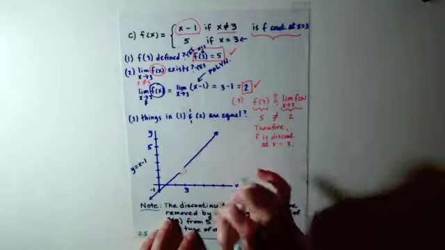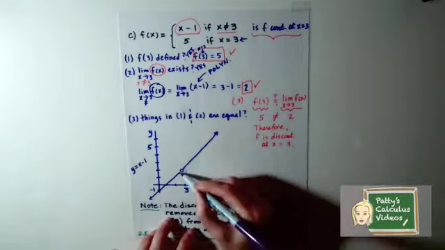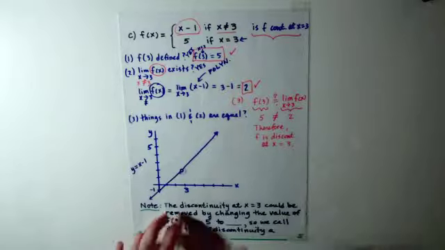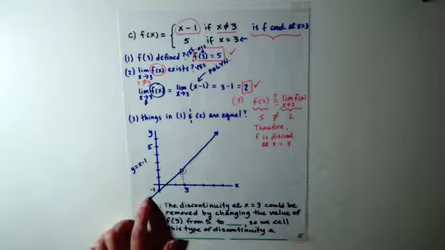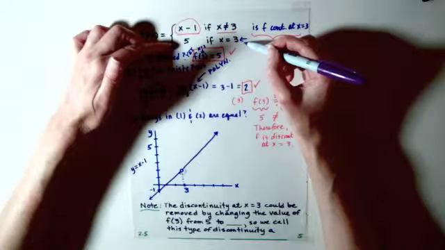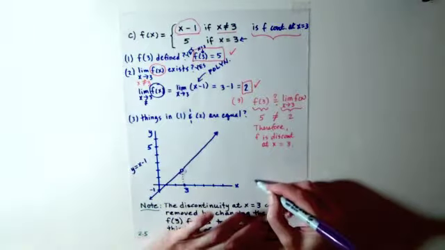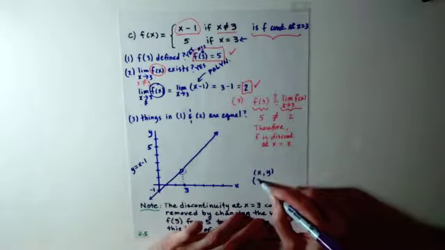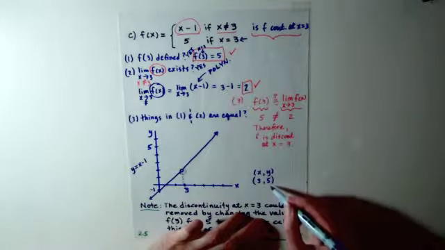This indicates the fact that we use that top rule for all x values to the right of 3 and all x values to the left of 3, but not at x equal 3. So it would be this line with a hole in the graph corresponding to the x value x equal 3. Well, what happens when x is equal to 3? When x is equal to 3, I'm supposed to get 5 as an output value. In other words, if I thought of it as an ordered pair, x comma y, when x equals 3, the output value, f of x or y, is supposed to be equal to 5.